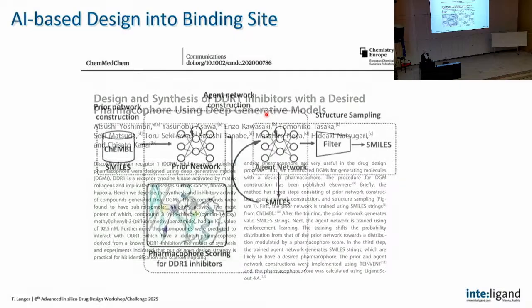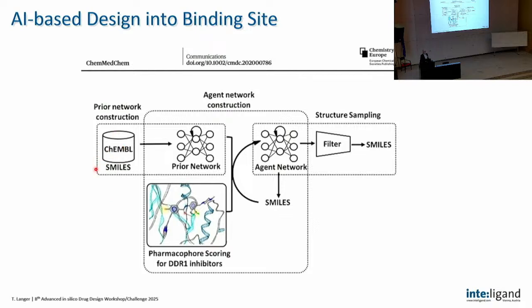They used ChEMBL to train a network, and then this network was run through a pharmacophore that was built for finding DDR1 inhibitors, starting from an X-ray structure, a very easy thing. They generate molecules and put them into the pharmacophore, and each time a molecule fits the pharmacophore, the neural network gets a thumbs up and learns how the molecules need to be designed to fit this model better. At the end, they had something like 20,000 molecules that were all pretty good.